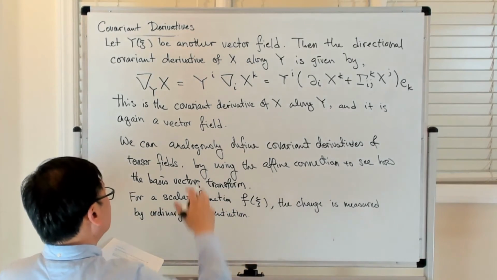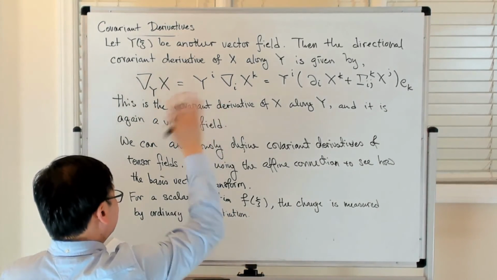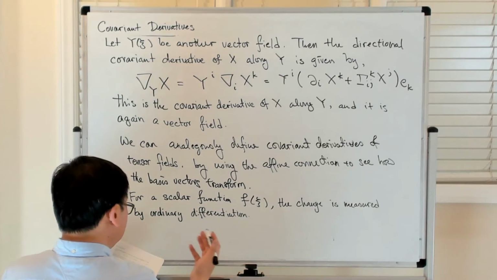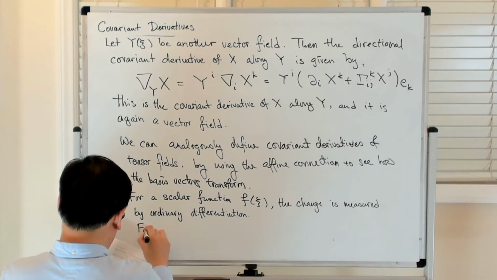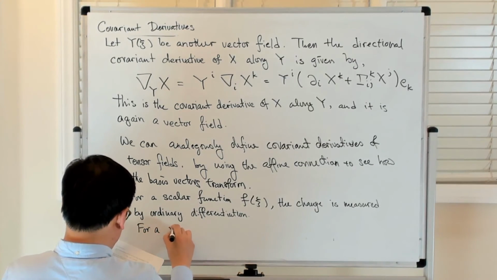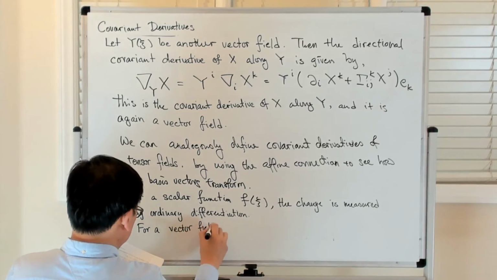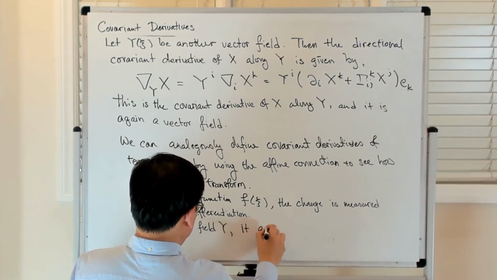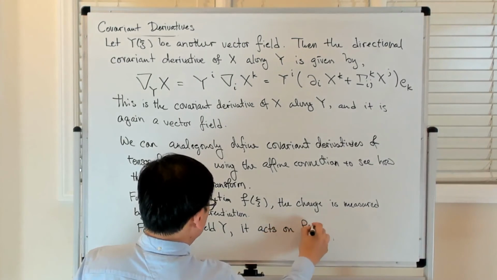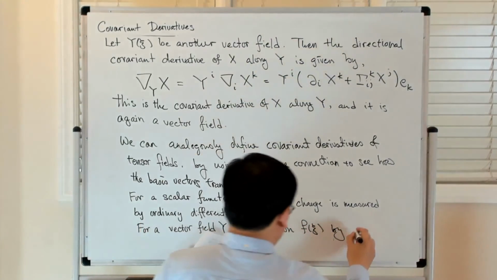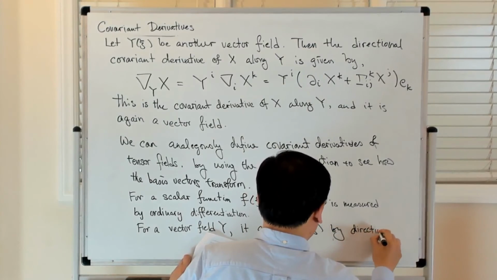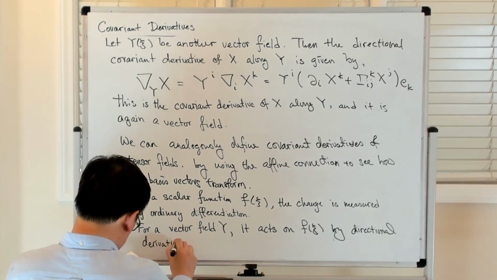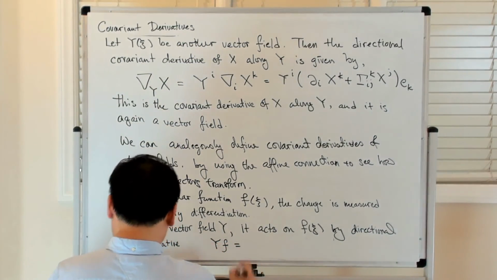Then you can ask how this directional covariant derivative acts now on a scalar-valued function, and it basically is just the directional derivative. So for the vector field Y, it acts on the scalar-valued function by directional derivative. So Y acting on f is just a directional derivative.